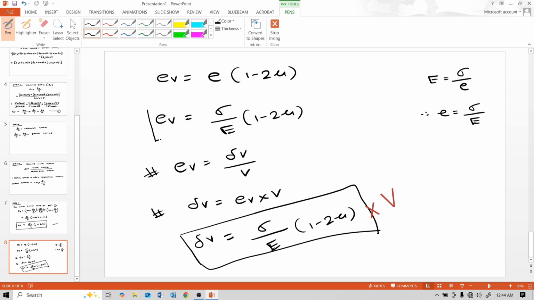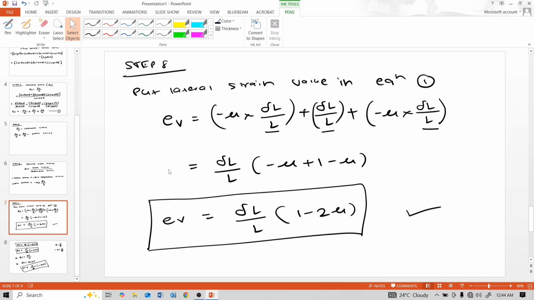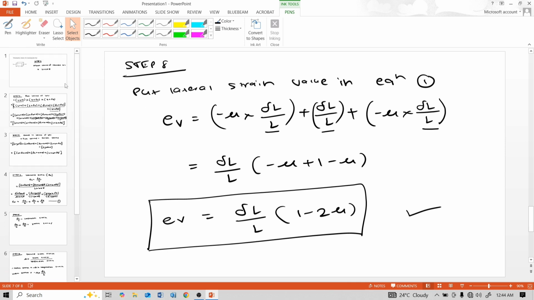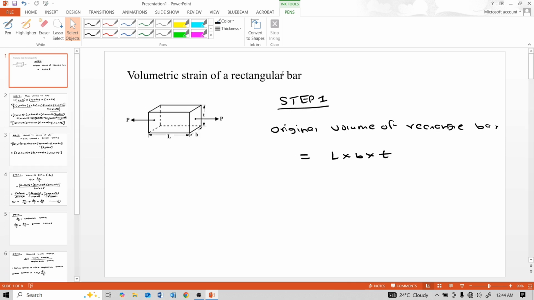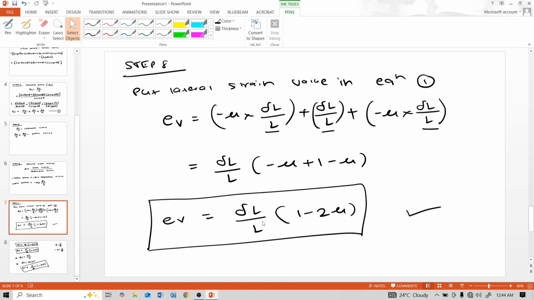This is also the volumetric strain in terms of strain. So the volumetric strain of a rectangular bar is change in length to the original length multiplied by 1 minus 2 mu.